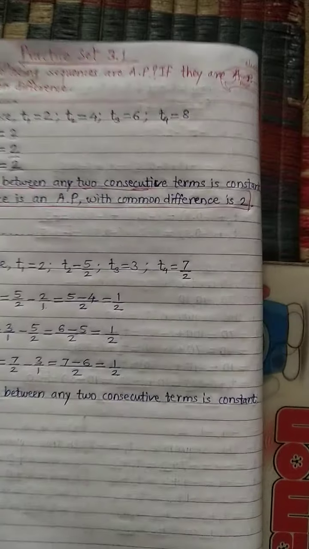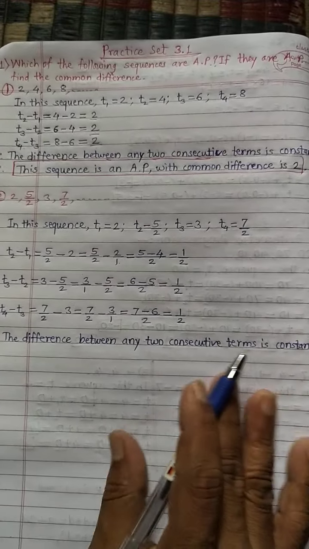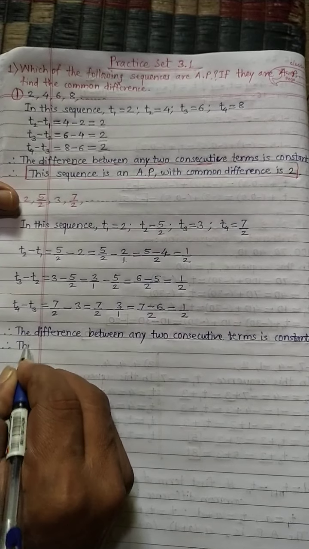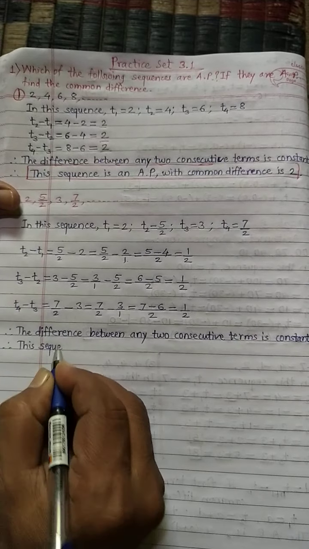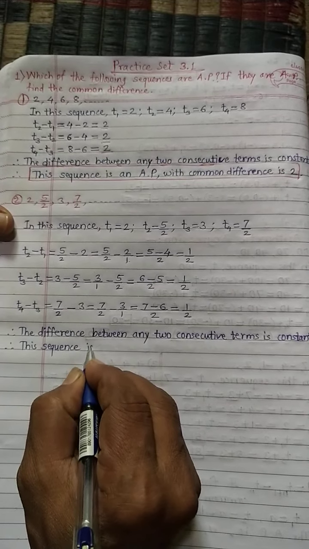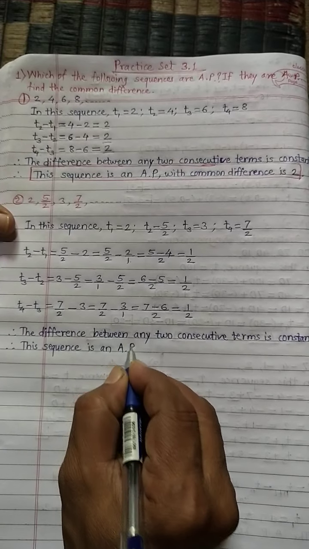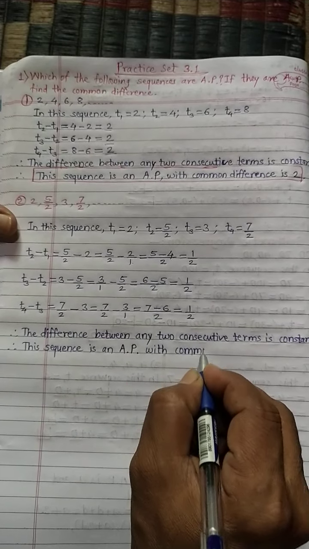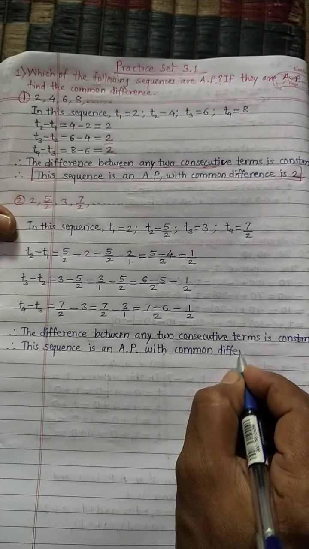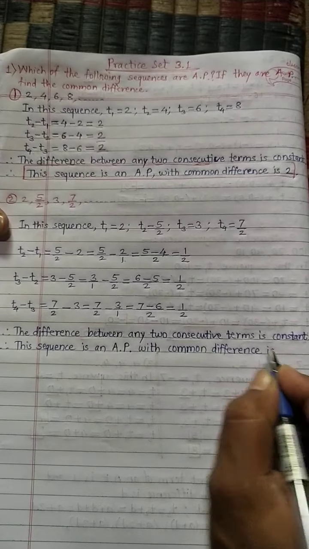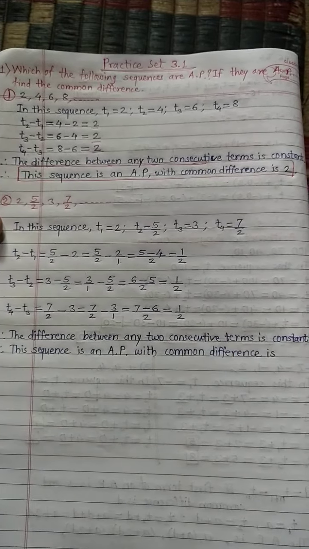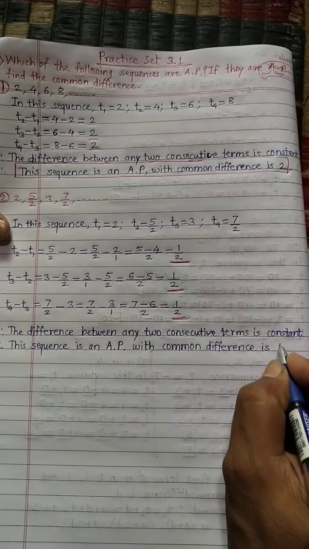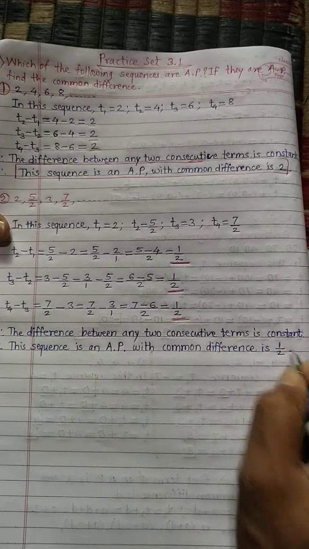So this sequence is an AP, meaning arithmetic progression, with common difference 1/2.